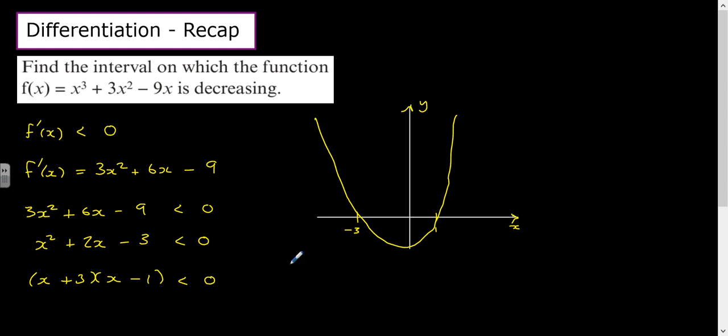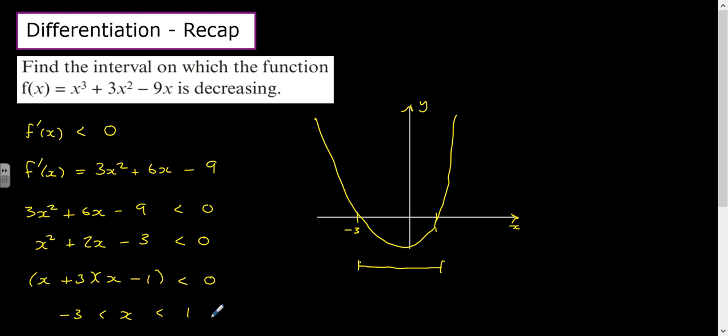So we're interested in where this function is less than 0, i.e. where does it exist below the x-axis? And I can see that this function exists below the x-axis for this entire period here, between minus 3 and 1. So the values that I'm interested in are x has got to be greater than minus 3, but also got to be less than 1.